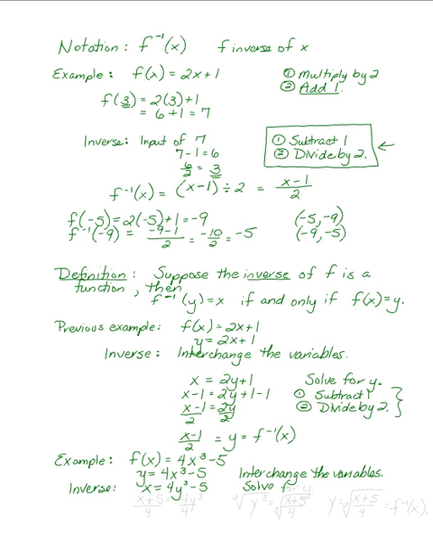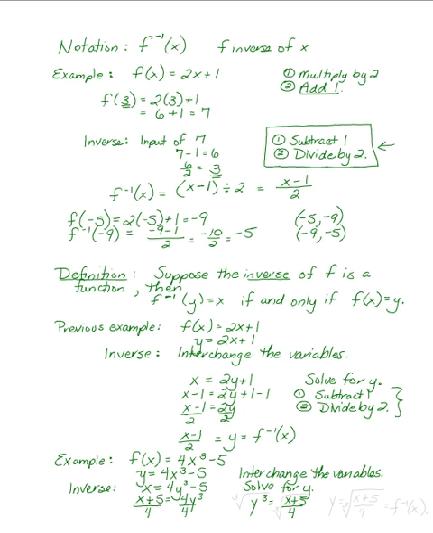So we need to solve this equation for y. In order to solve for y, we're going to add 5 to both sides. I'll get x plus 5 is equal to 4y cubed. What would we do next? We're going to divide both sides by 4. Then we have y cubed is equal to x plus 5 divided by 4.